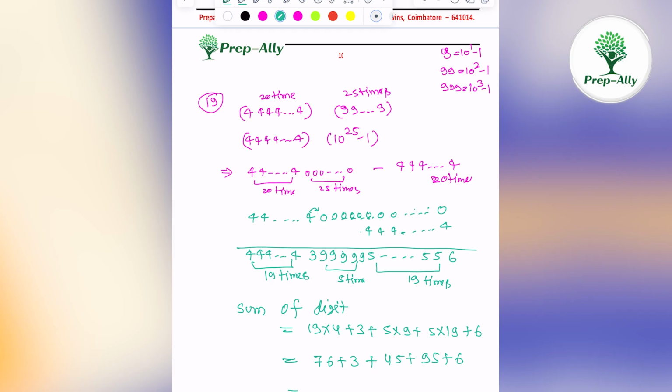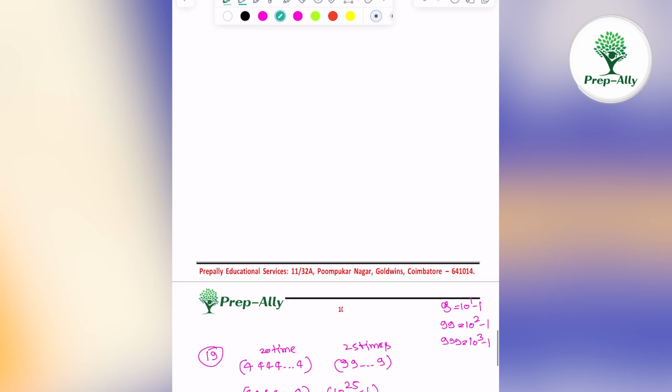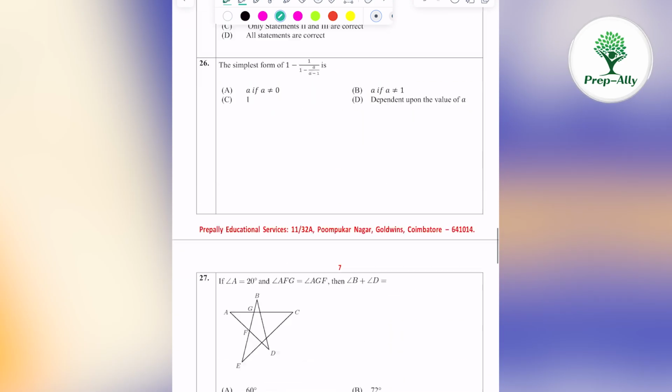So 76 plus 3 is 79 and plus 6 it will become 85, plus 45 plus 95. So if we add this, 85 plus 45 is 130, plus 95 is 225. So for this question we are getting the sum of the digits as 225.